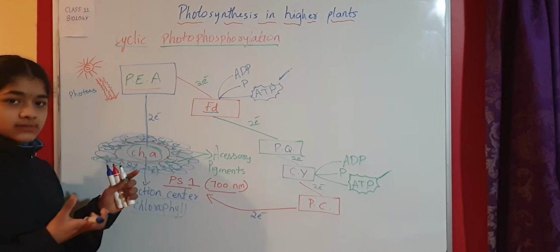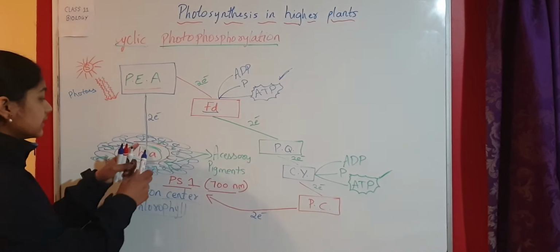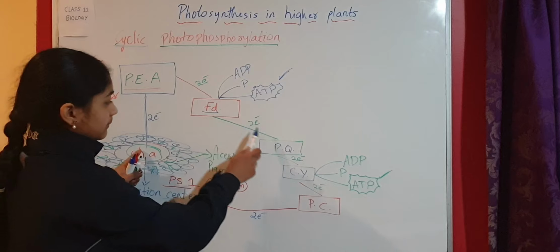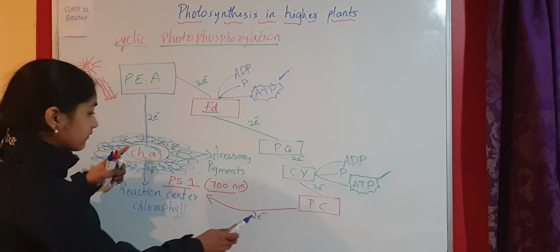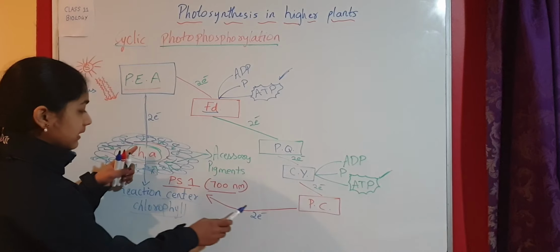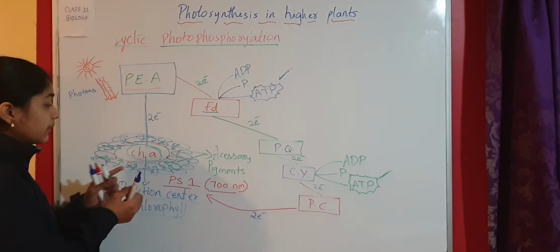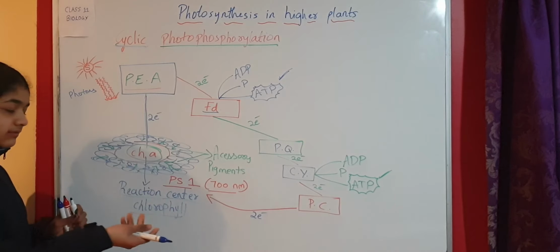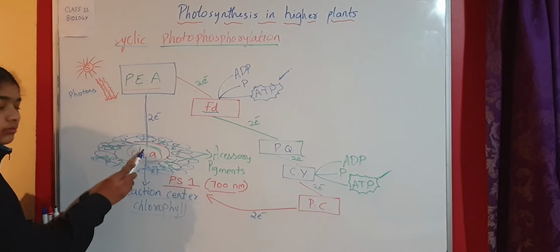So the electrons in the atoms of this chlorophyll A molecule get excited and go to FD, PQ, ferredoxin, plastoquinone, cytochrome, plastocyanin, and from here the pair of electrons comes back here again, because it started from chlorophyll A of PS1, which absorbs 700 nanometer. Again it is coming back here.